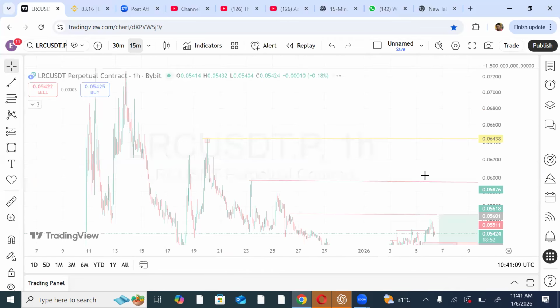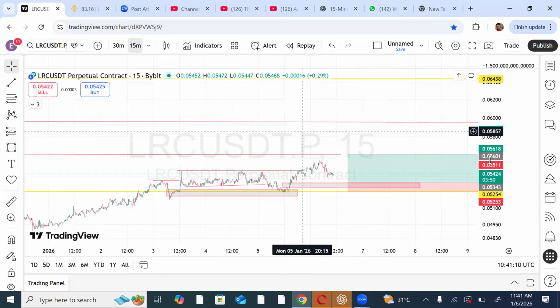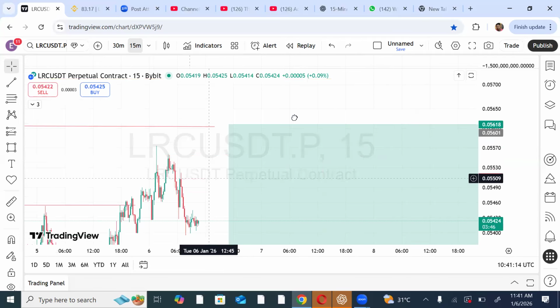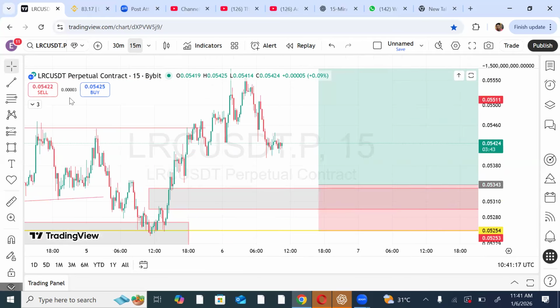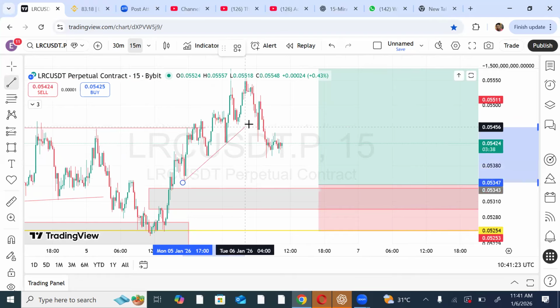15-minute scalping strategy that works every single time, all right? See, look at this. On the 15 minutes, we have all these liquidity points here. Can you see?